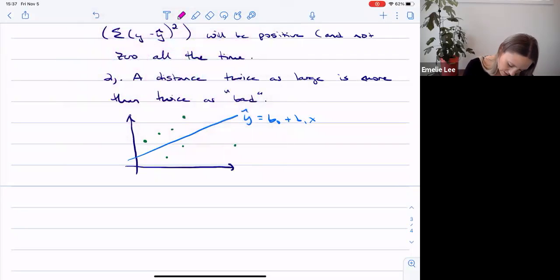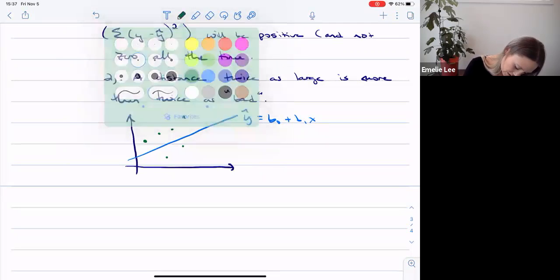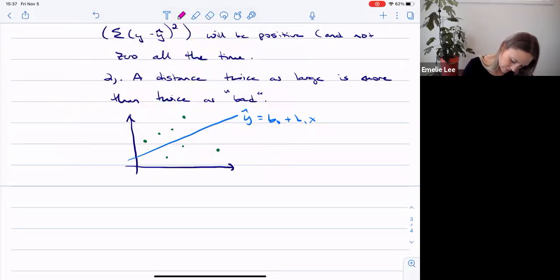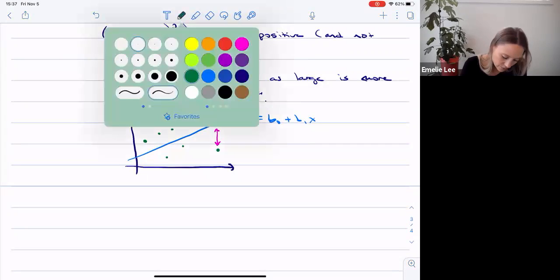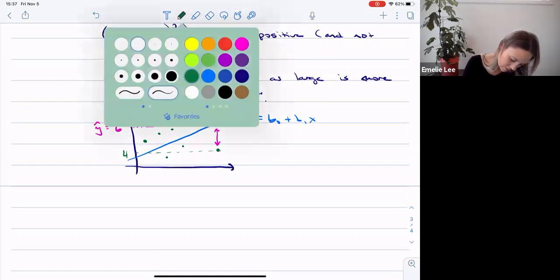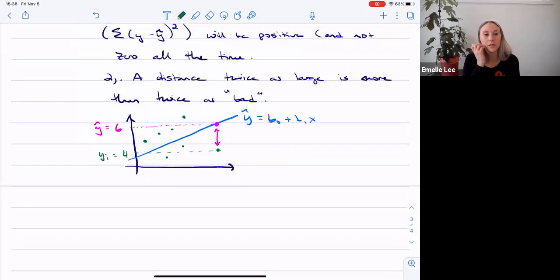So this distance from here to here, if the predicted value of y here is, let's say, y hat is 6, and yi equals 4. That distance is yi minus y hat.